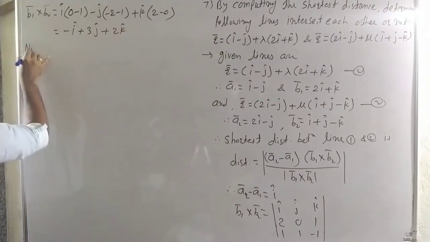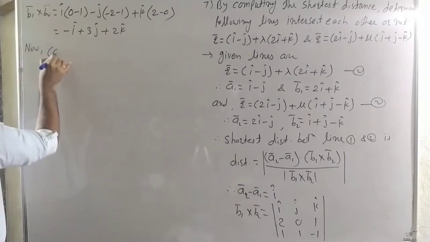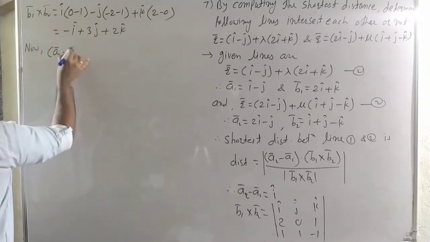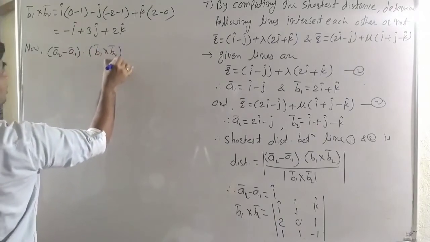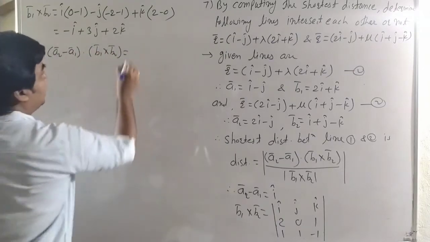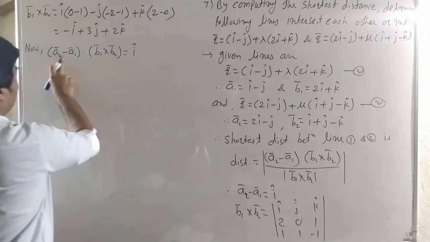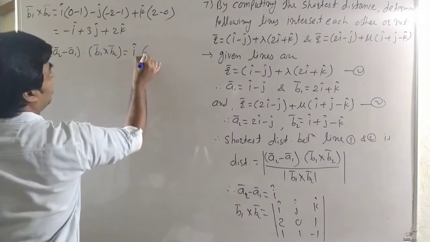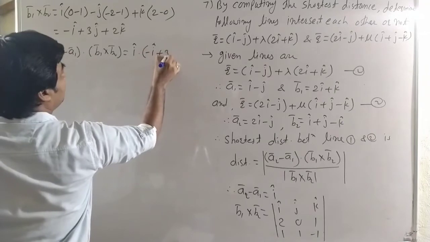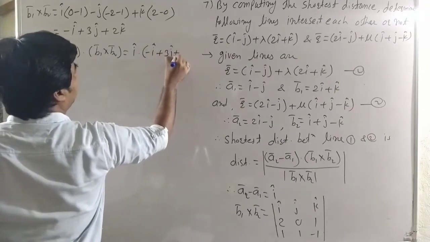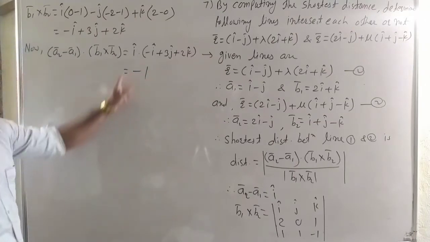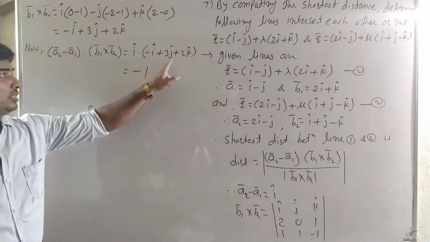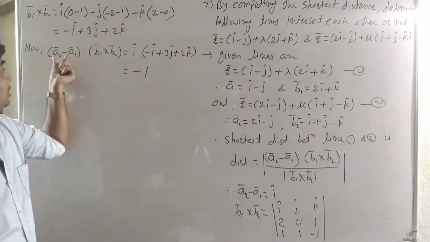Now we find a2 bar minus a1 bar dot b1 bar cross b2 bar, which is i cap dot minus i cap plus 3j cap plus 2k cap. The dot product becomes minus 1 only, since i cap is the only coefficient; j and k are absent in a2 minus a1.